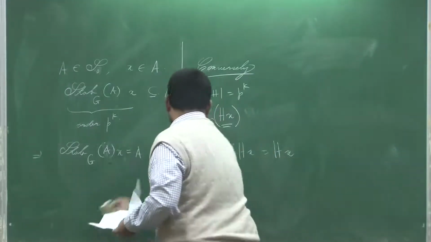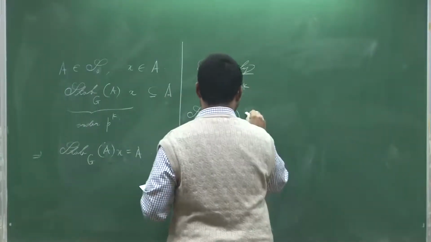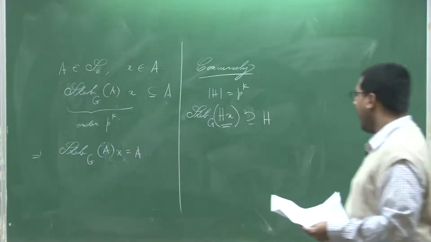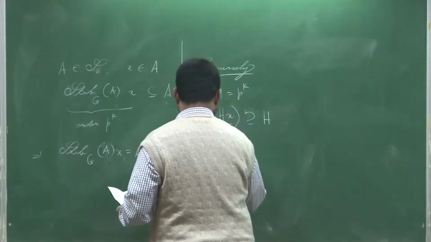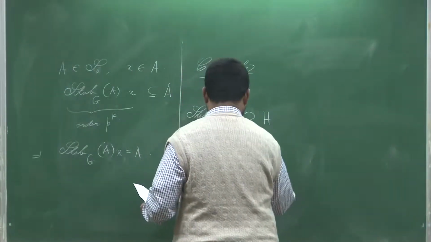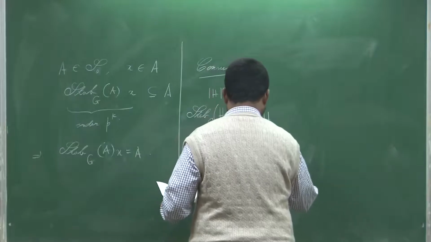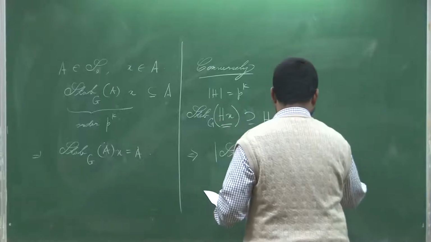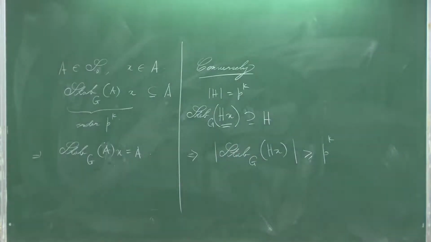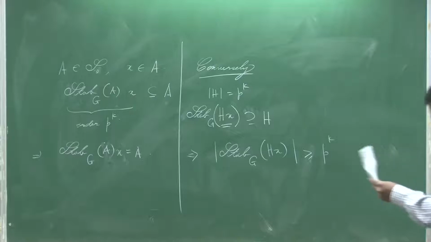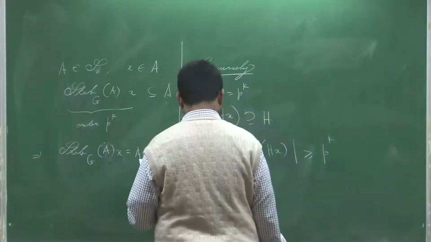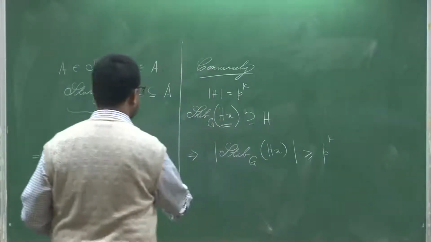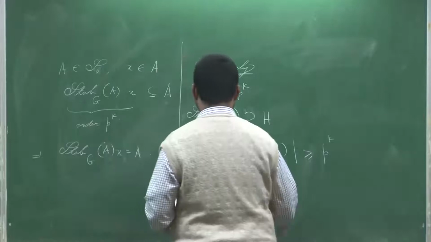So thus we see that H is contained inside the stabilizer of this coset, and as a result of that its order has to be at least p to the power k. Okay. Now on the other hand, what we have just seen is the stabilizer.